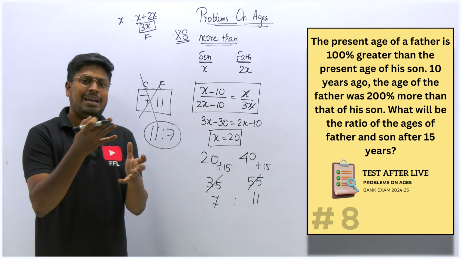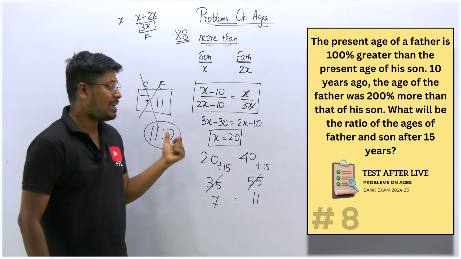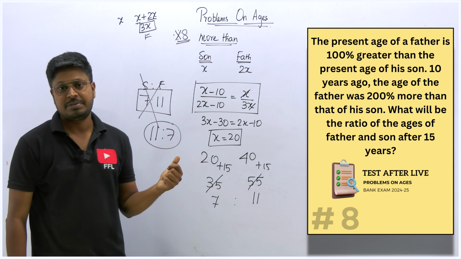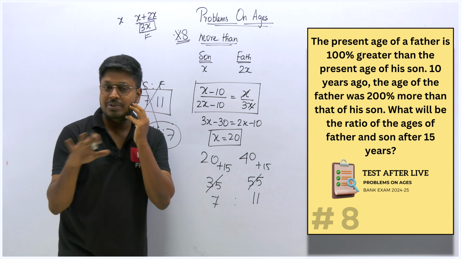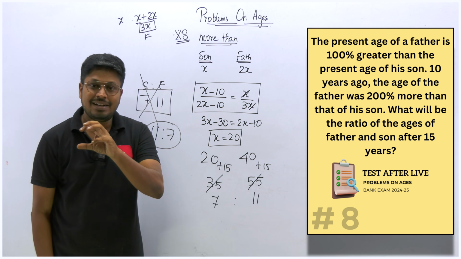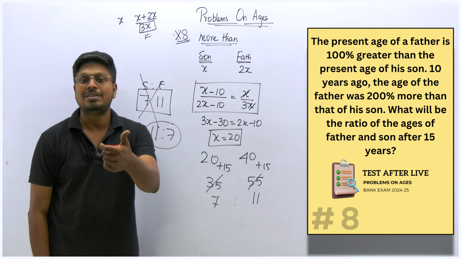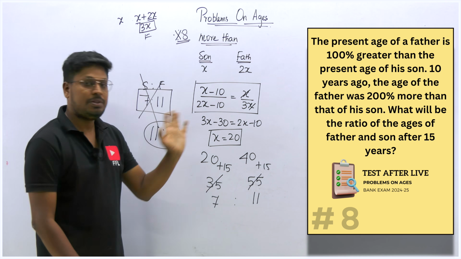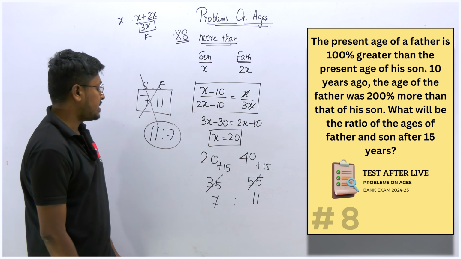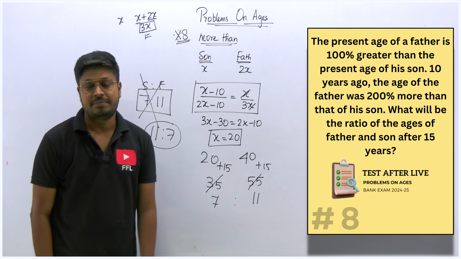So at that time management, we lose marks only because of these kinds of small mistakes. So please don't do that. After finding every answer, once again cross-check quickly with the question, what they are asking and what we need to find, and then go with the options, right? So the answer for question number 8 will be 11 is to 7.